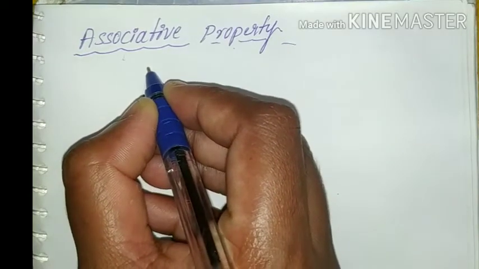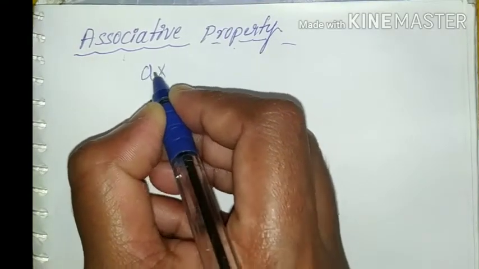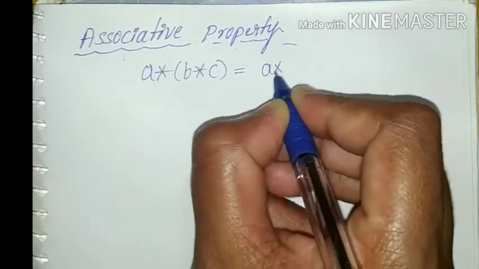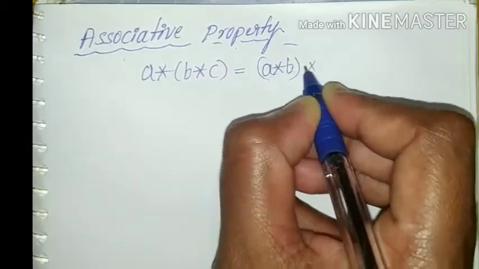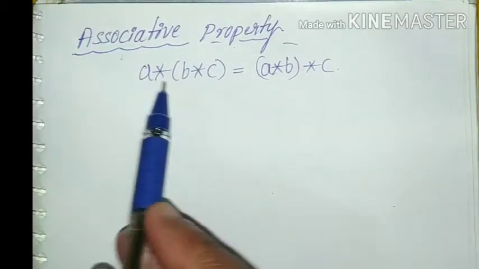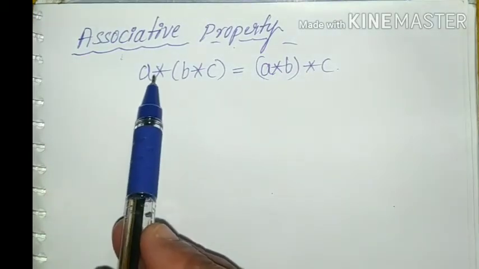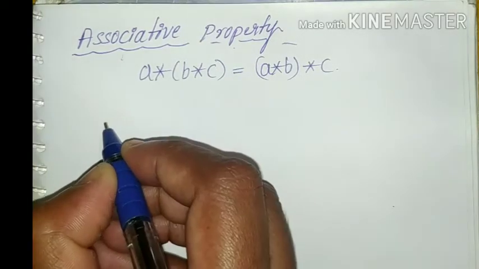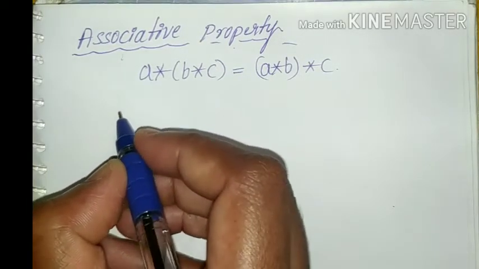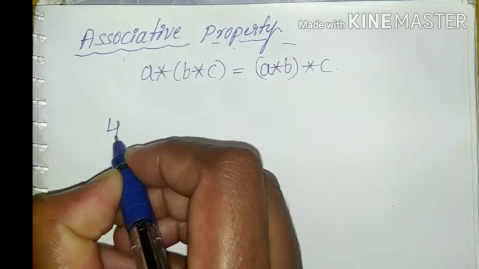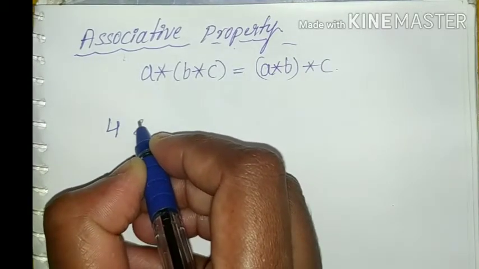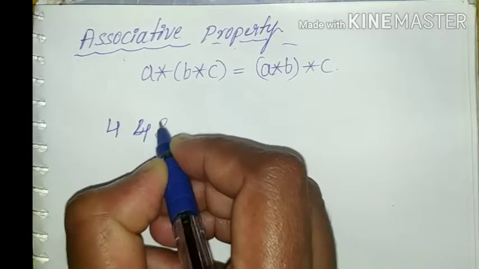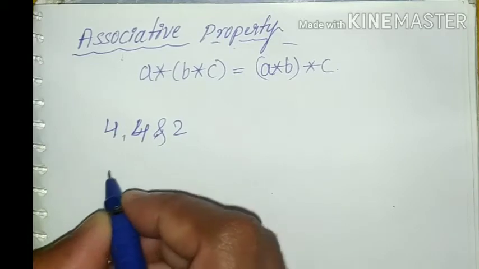Symbolic representation is A star (B star C) is equal to (A star B) star C. Here we have to check by replacing star by division, okay? I will take any three integers: 4, 4 and 2.